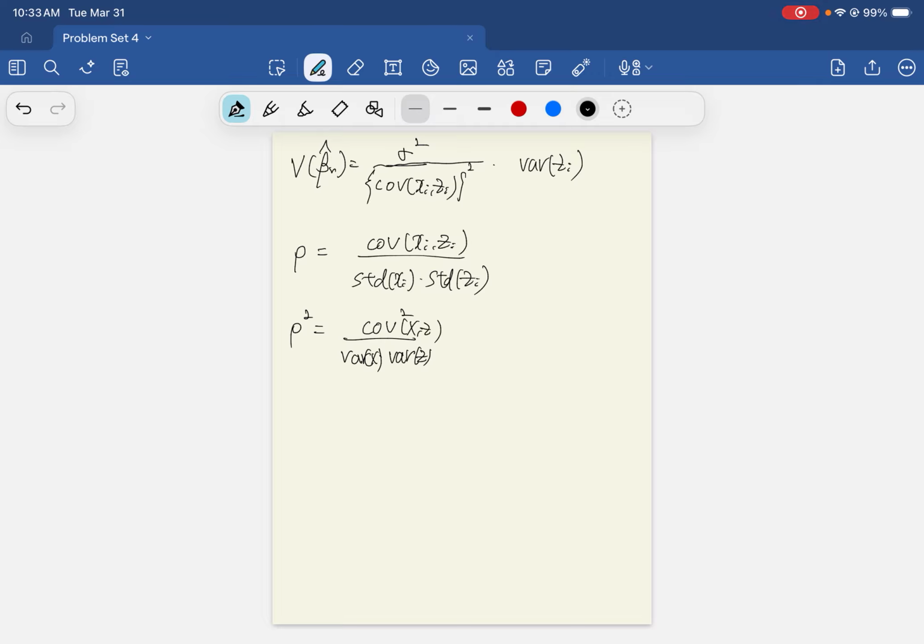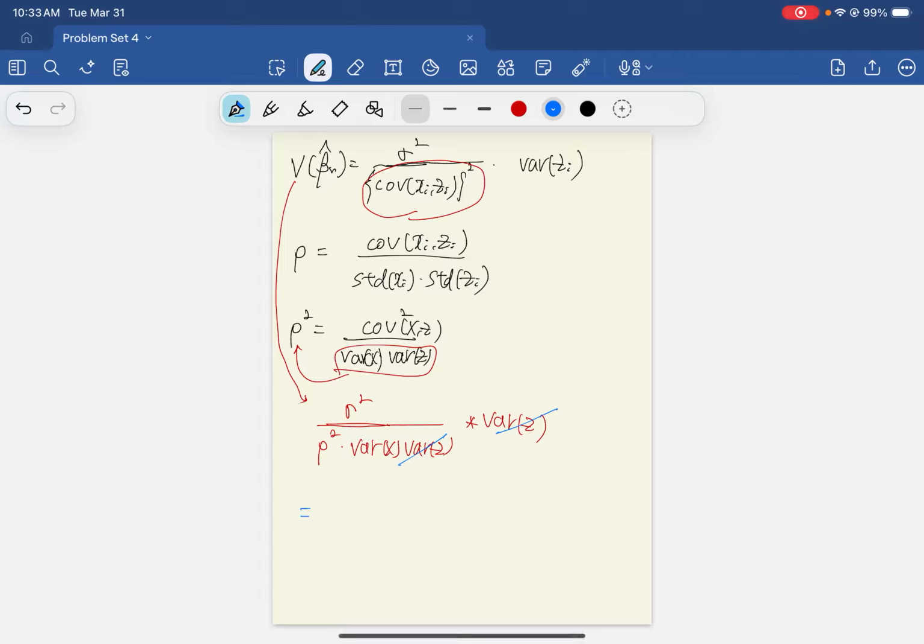So then, if you replace this, you may write sigma squared over rho squared times variance of x, variance of z. If you move this the other way, you get covariance squared times variance of z, and then you are going to cancel this out. So in the end, the variance of beta hat is 1 over rho squared times sigma squared over variance of x.